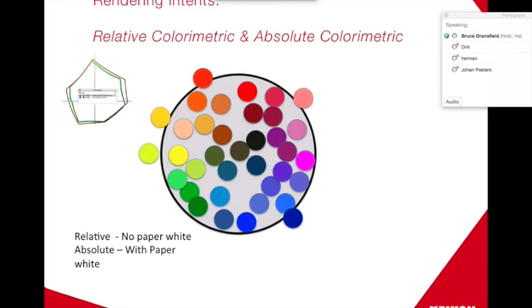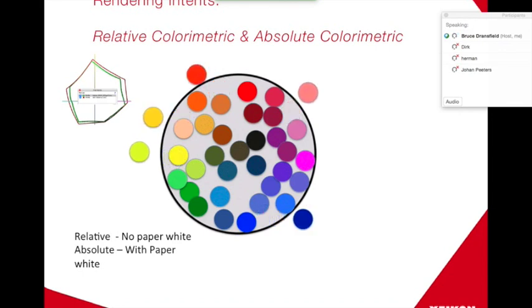And colours outside of the gamut are moved to the nearest possible position inside the gamut. Now, as long as your colours are only slightly out of specs, this is a very good way of printing and gives a very accurate result.